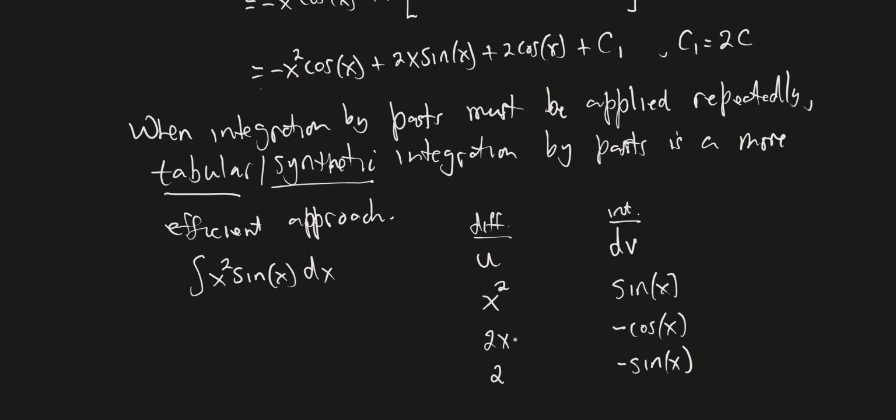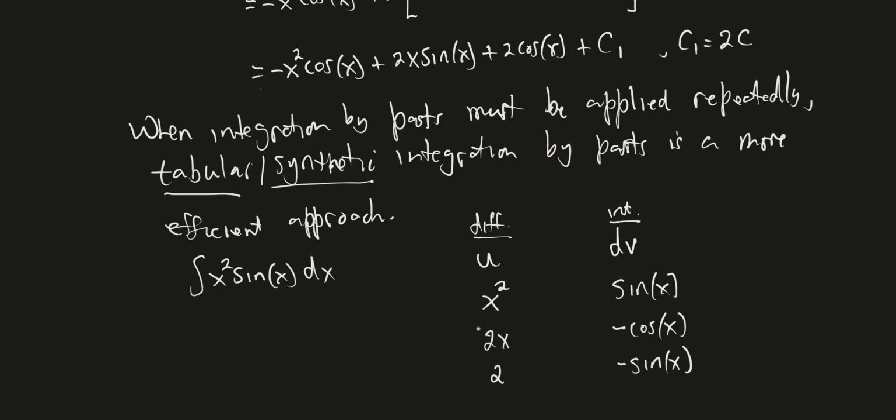Now, the interesting thing about starting with a polynomial, and this goes back to Calc 1, we know if we differentiate a polynomial enough times, eventually that polynomial becomes a constant, and if we differentiate it one more time, then this constant becomes a 0.